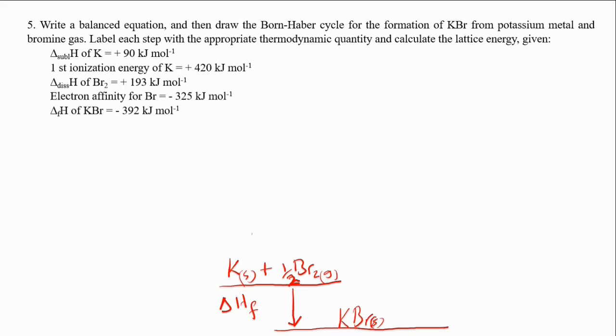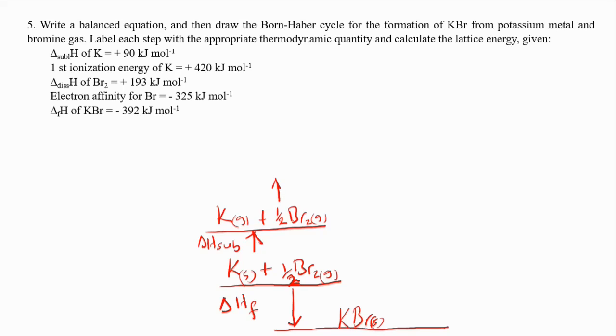Next thing we need to do is to sublime the potassium, so it becomes gaseous potassium. So this is delta H SUB. We still have our bromine gas. Now we need to dissociate the bromine.